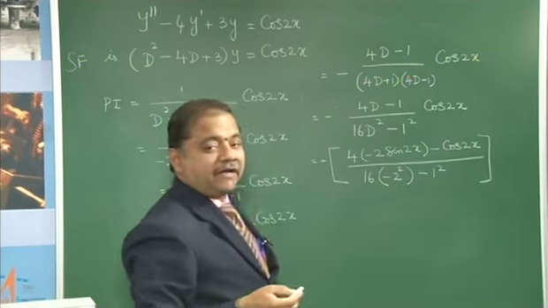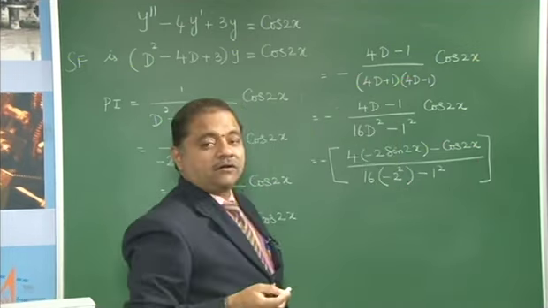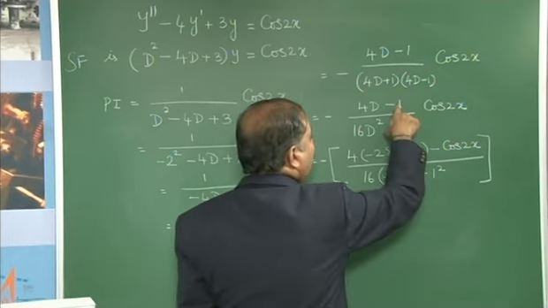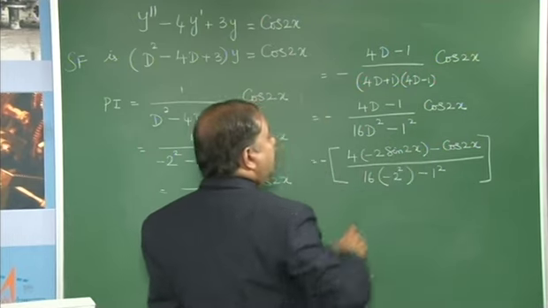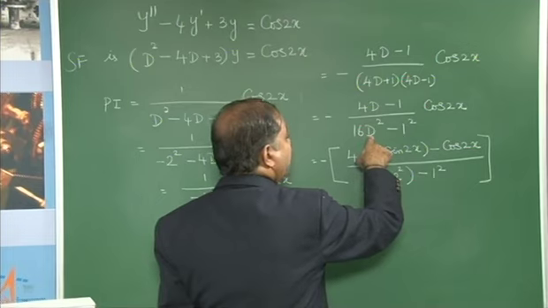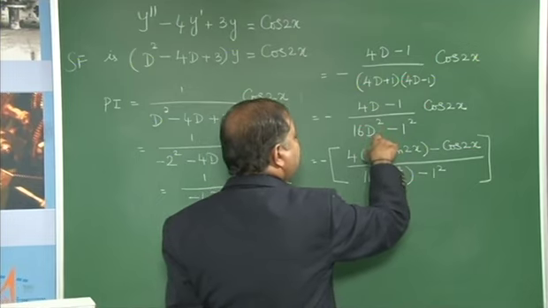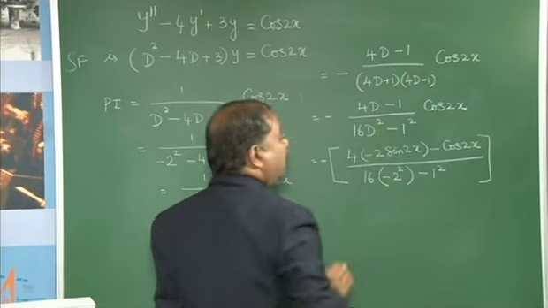See the process again: 4d into cos 2x. So, 4 as it is, differentiation of cos 2x is minus 2 sin 2x, minus 1 into cos 2x. Again in the denominator I have d squared, so for d squared I replace minus b squared.